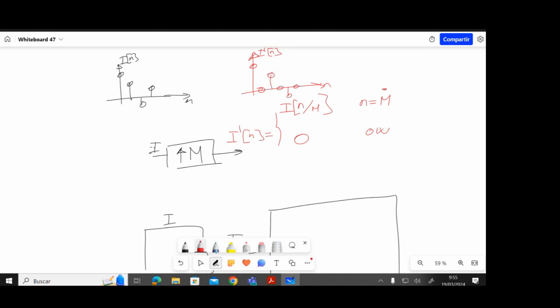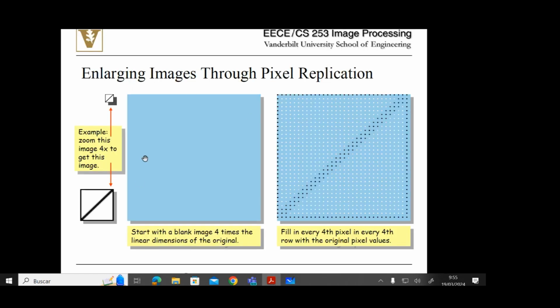So I'm doing an expansion by a factor 2. Now we are doing it by a factor 4. I have this image, and I'm making an expansion by a factor 4. I have a pixel, then 0, 0, 0, then another pixel, 0, 0, 0, and so on in both directions. This is an upsampling by a factor 4 in both directions.